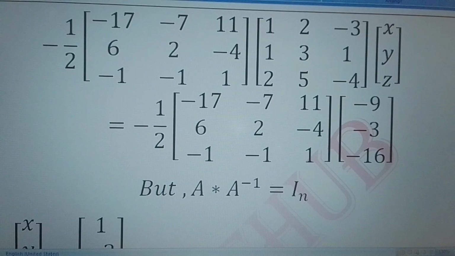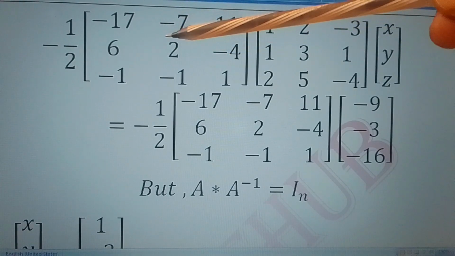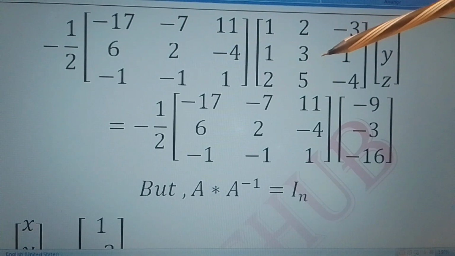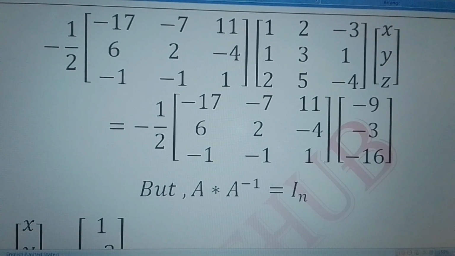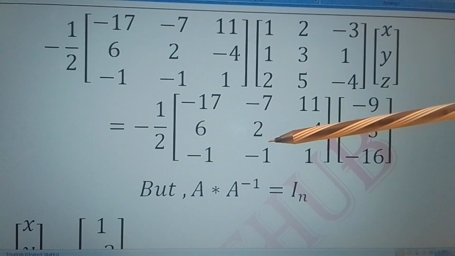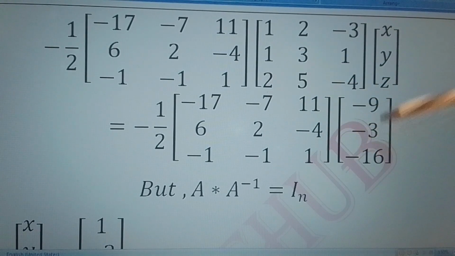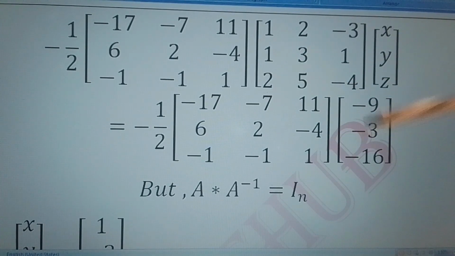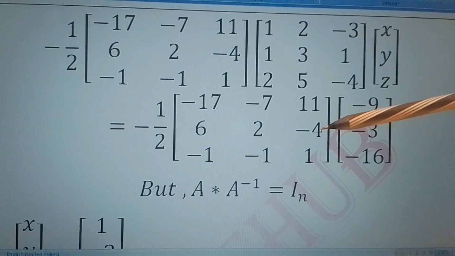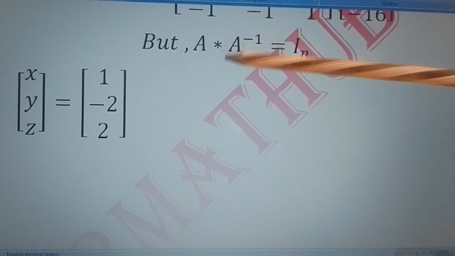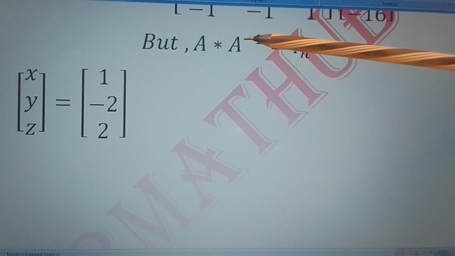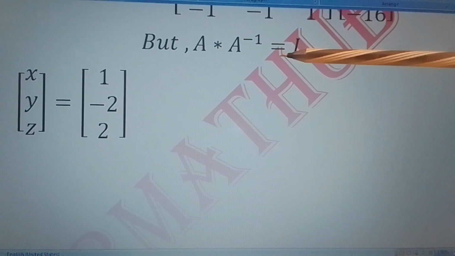The equation becomes the inverse of the matrix times the matrix itself, which is A, times the variables matrix, which should be equivalent to the inverse of this matrix times the constant matrix.